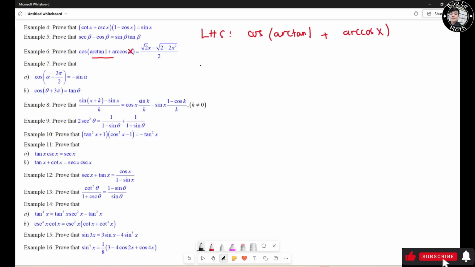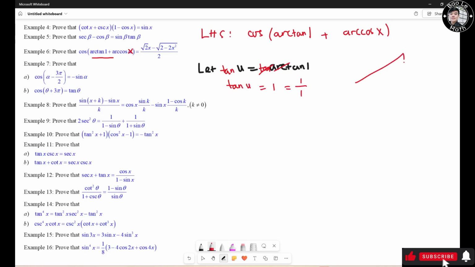Now we just let u be the inverse tangent of 1. Now we need to take tangent of both sides, so we have tangent u equals tangent of inverse tangent of 1. This cancels out, so we have tangent of u equals 1, which is 1 over 1, right?